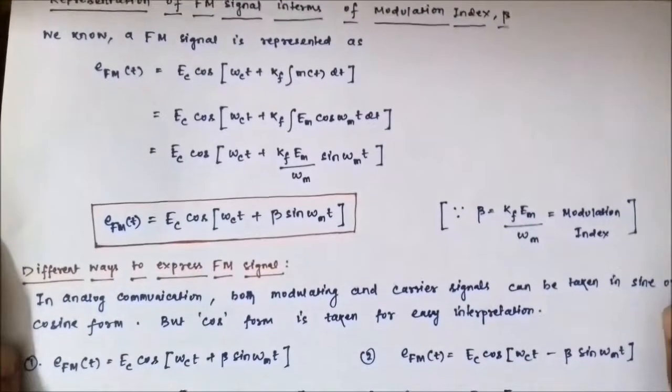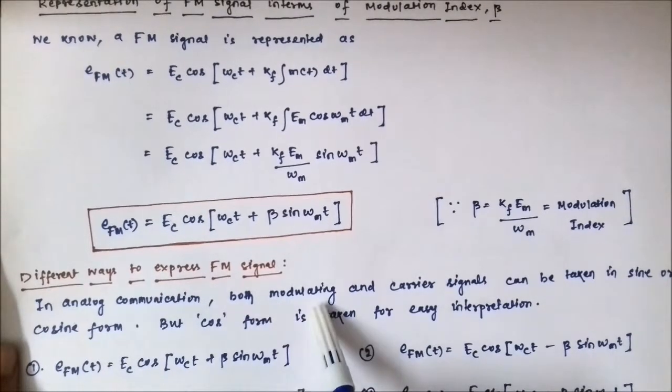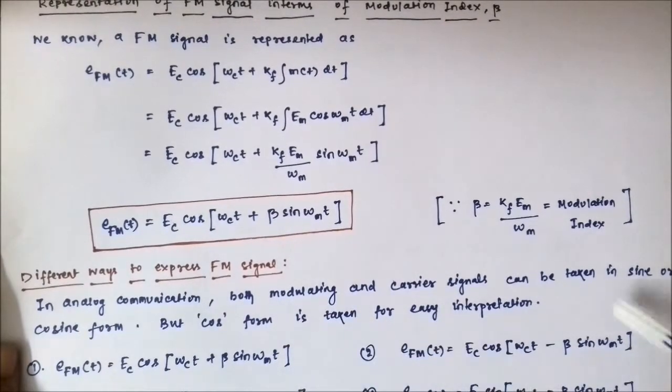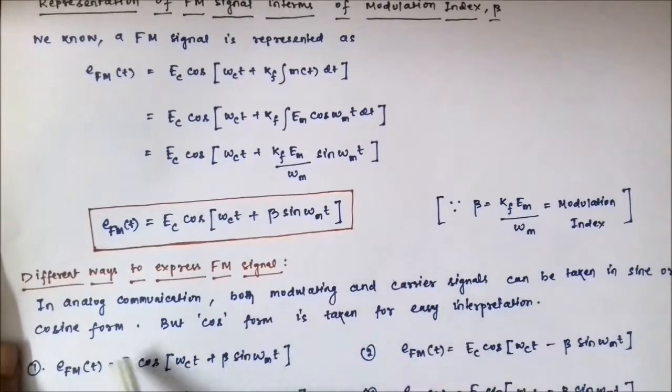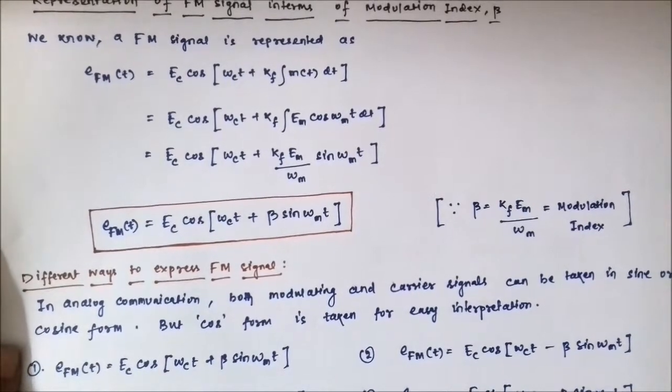Now in analog communication, both the message and the carrier signal can be taken as sine or cosine. There should be no confusion related to that.